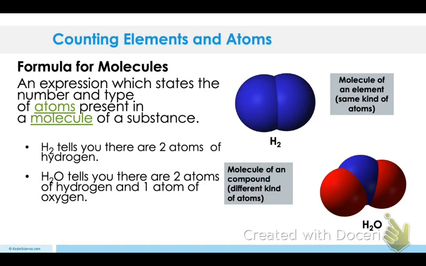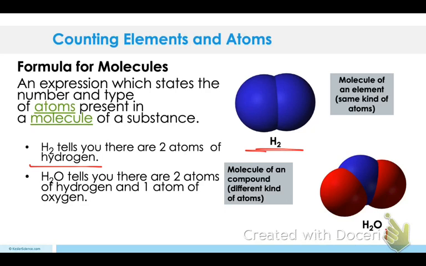A chemical formula is an expression which states the number and type of atoms present in a molecule of a substance. So H2 tells you there are 2 atoms of hydrogen, and H2O tells you that there are 2 atoms of hydrogen and 1 atom of oxygen. You don't see that imaginary 1 there.